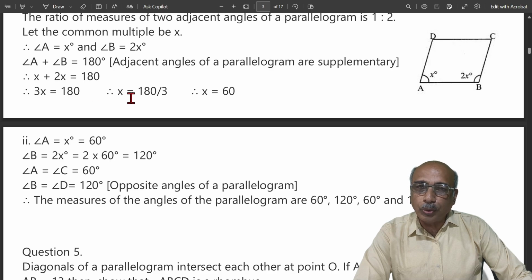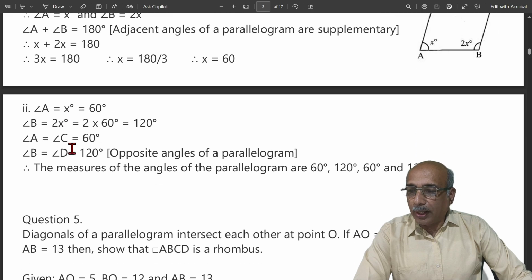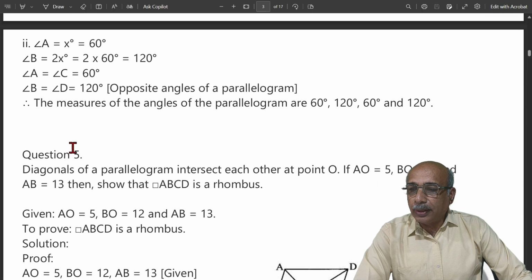So x equals 180 upon 3 equals 60 degree. Now angle A will be 60 degree, angle B will be 2x, that is 2 into 60 equals 120 degree, and angle A equals angle C, 60 degree, angle B equals angle D, 120 degree, opposite angles of a parallelogram.